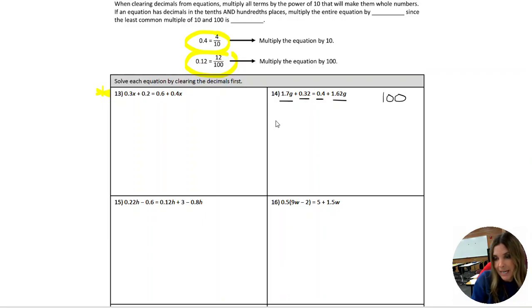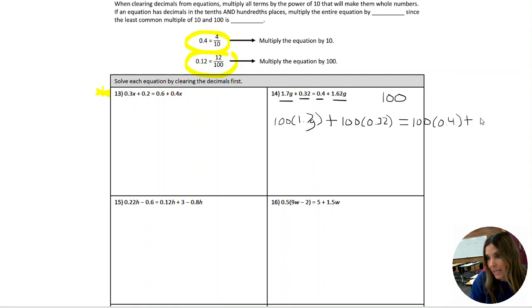So we take 100, we multiply by the 1.7g, plus we take 100, we multiply by the 0.32, equals, we take 100, we multiply by the 0.4, plus we take 100, we multiply by the 1.62g.